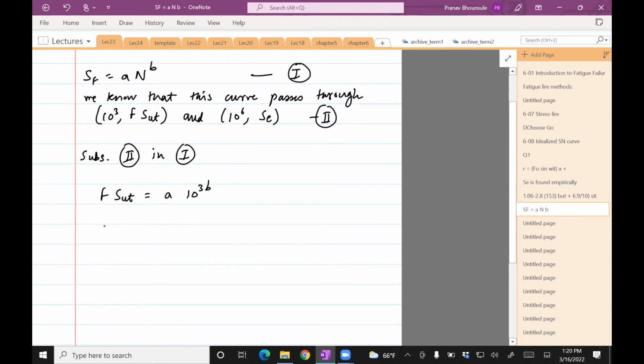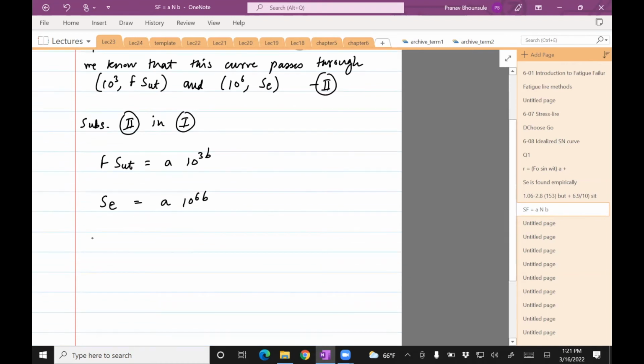And then for the second equation, we have SE equals A times 10 raised to 6B. Now, there are many ways to compute A and B. One of them would be just to take the ratio of the two, and you can get B. And then once you have the value for B, you can substitute that in one of the equations, and you can compute the value for A.